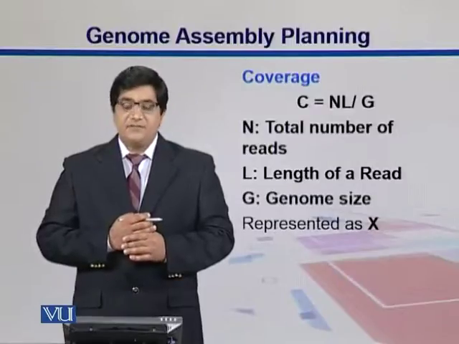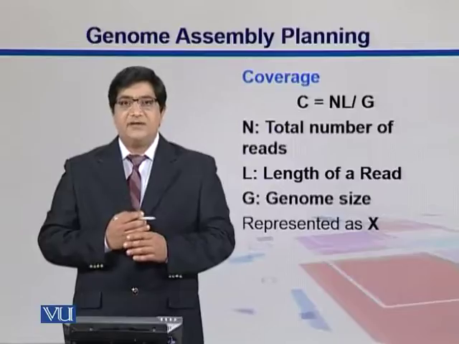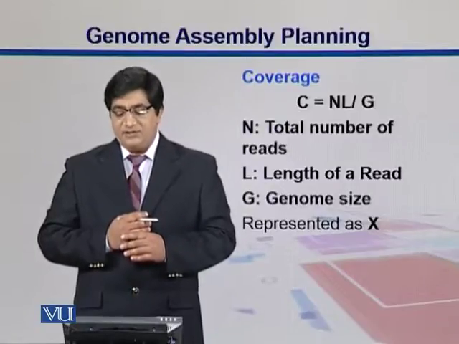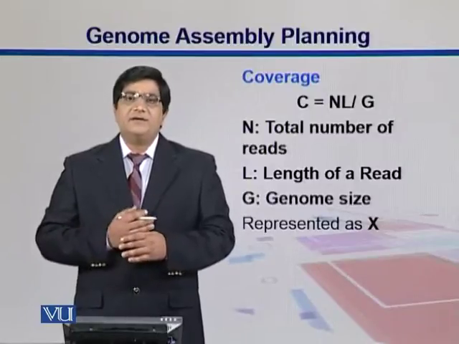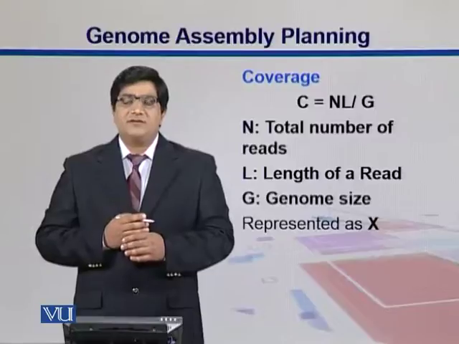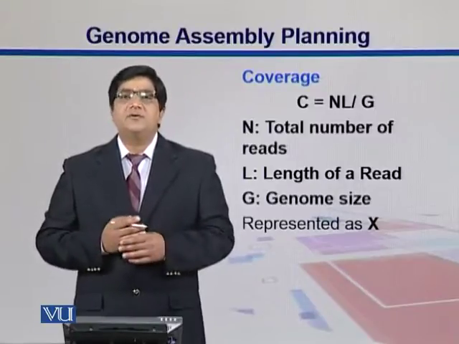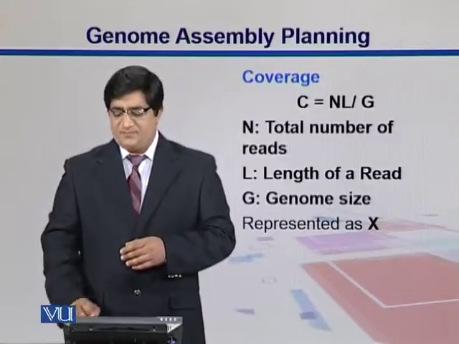So here we have this equation where C is coverage, C = NL/G, where N is the total number of reads, L is the length of the read, and G is the genome size. The resultant answer is represented as X. If the answer is 10, it is 10X coverage, so any nucleotide has been sequenced or visited 10 times.